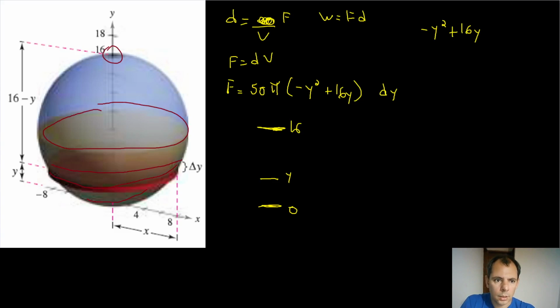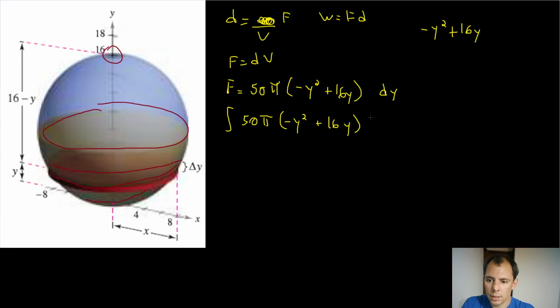Okay. Now, 16 minus y, right? That's the distance. So you do the integral of 50 pi, I'm just going to copy this, times minus y squared plus 16y, okay, times what? 16 minus y, remember, which is the distance, dy.